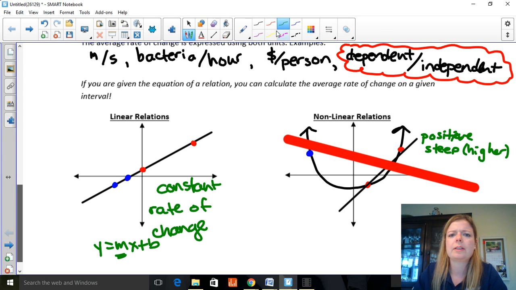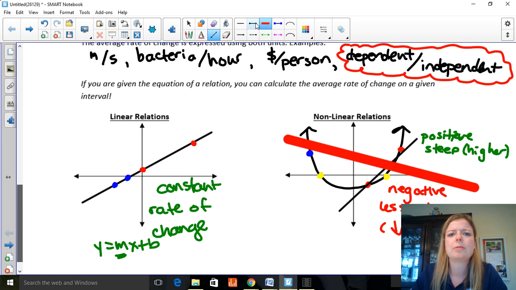Now over here, on this one, this will be a negative rate of change because it slopes down, and it's less steep, so it will have a smaller magnitude. Now, it's also possible, of course, as I showed you before, to find 2 points where when you draw the secant, you'd actually have an average rate of change of 0.